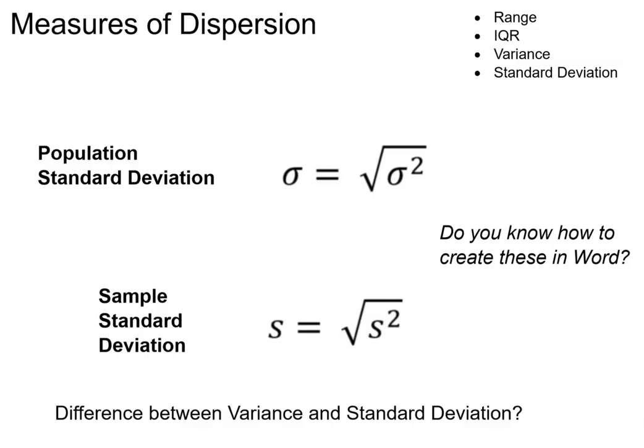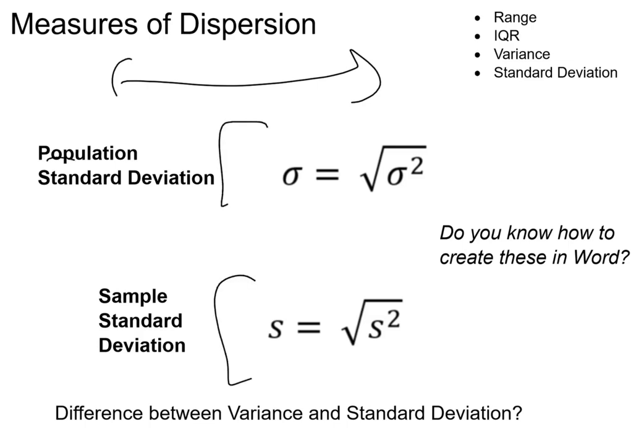I think we can spend just about 2 seconds on this, right? So again, another way to talk about how spread out my data is, other than the variance, is the standard deviation. Population, sample, but it's pretty straightforward. For the standard deviation, all you do is take the square root of the variance, right?